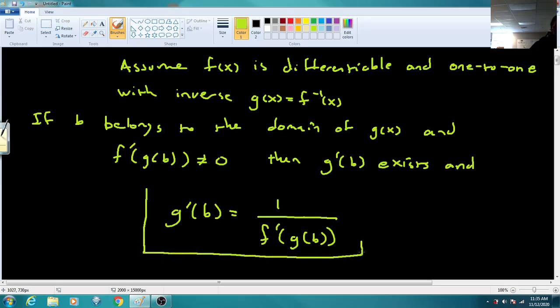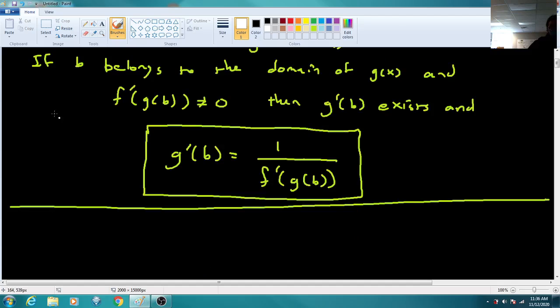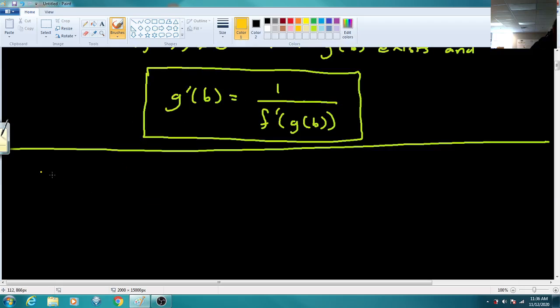So we'll do a couple examples, show how this works. Okay, so first example from our book wants us to find g prime of x, where g of x is the inverse.